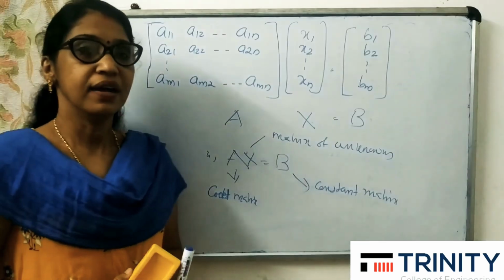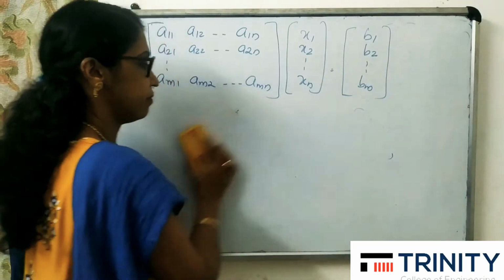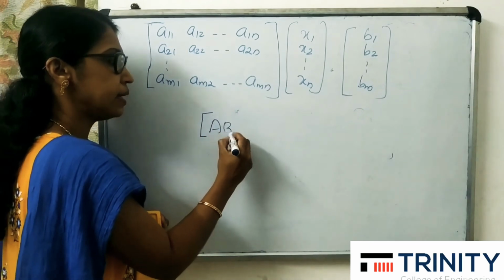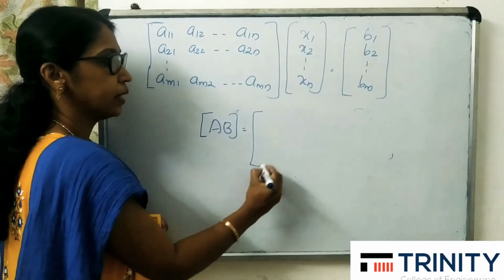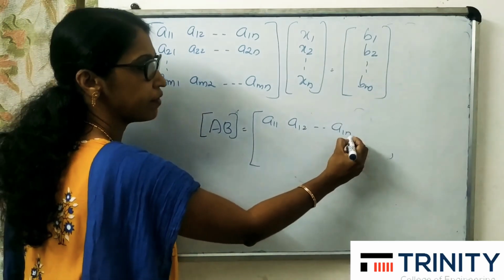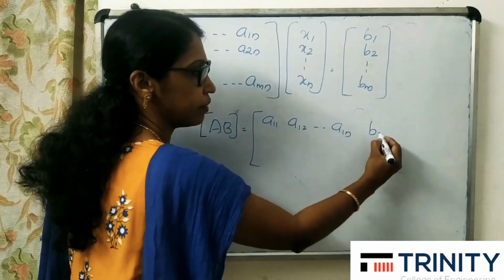Now another matrix, matrix AB. We write this matrix as a11, a12, etc. a1n, and we join the constant matrix also here, b1.